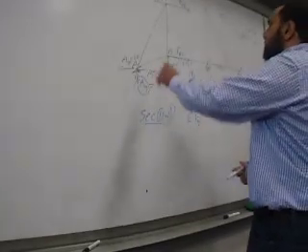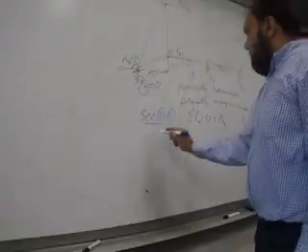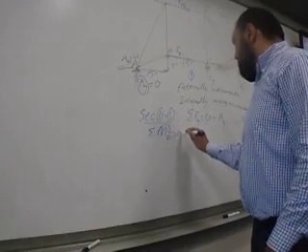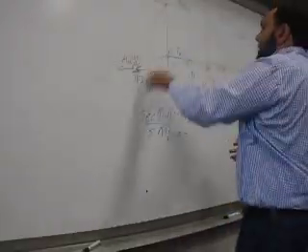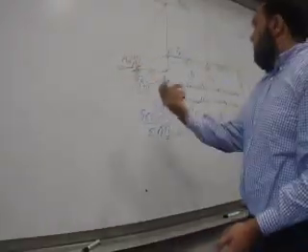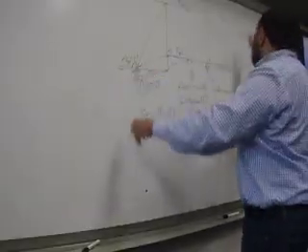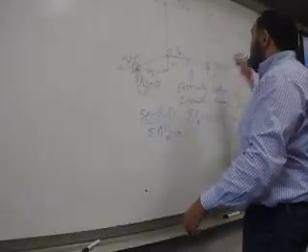Here I could start by taking a moment at this point, for example sigma moment about F equals 0 equals what? The 60, the horizontal action, times the vertical distance, which is 20 feet.